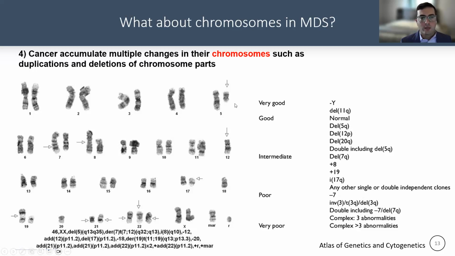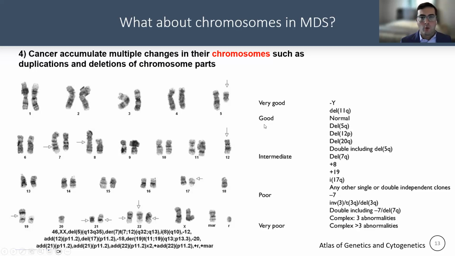This is the 5th chromosome, and what we're seeing here is a loss of part of the 5th chromosome. This leads to what's called del5q, which is a specific subset of myelodysplastic syndrome. Here we see a gain in a chromosome in the 22 region. And this is what's called karyotyping. This is what physicians look at to look at the chromosomal makeup of the disease, one of the things that we look at.